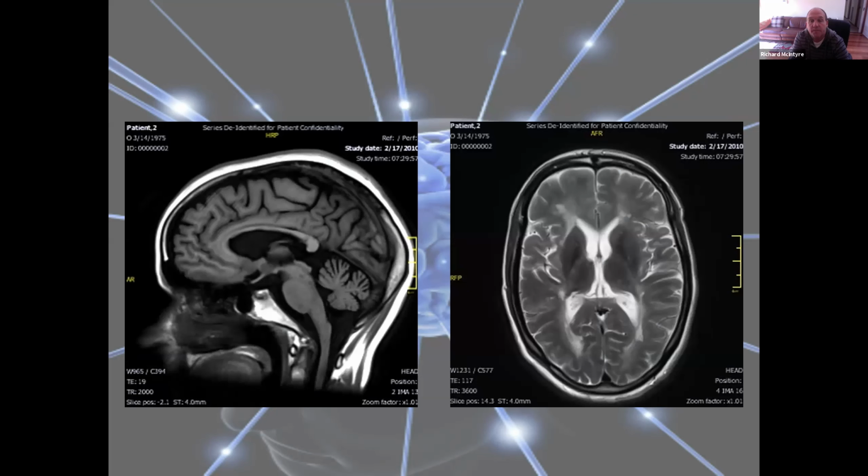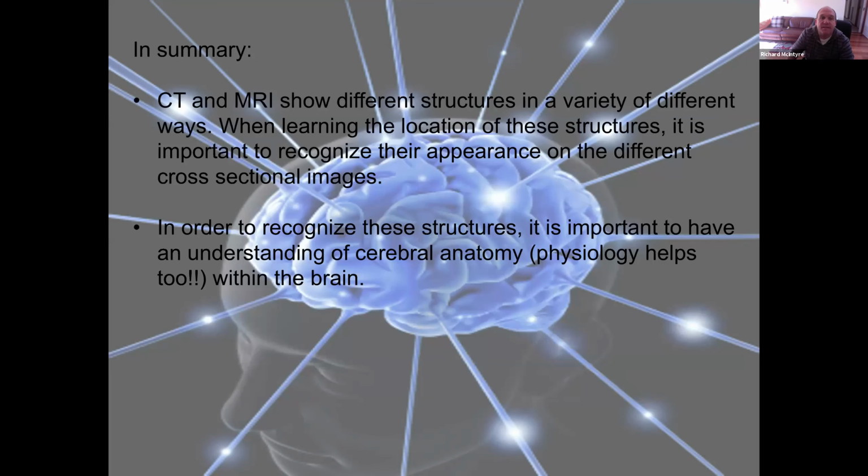Okay. So in summary, CT and MRI show different structures in a variety of different ways. So we've seen how we can see bones, blood vessels, soft tissue structures and their appearance on CT, MRI, T1, T2, bone, soft tissues, windows.